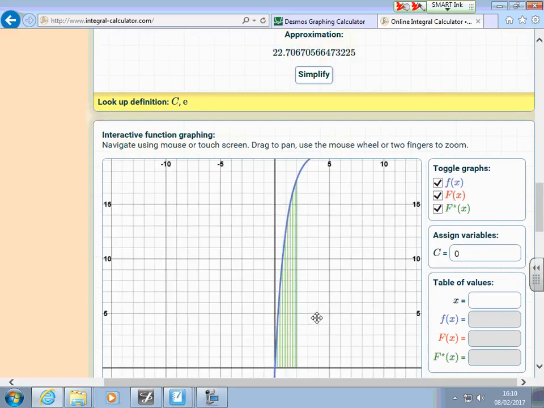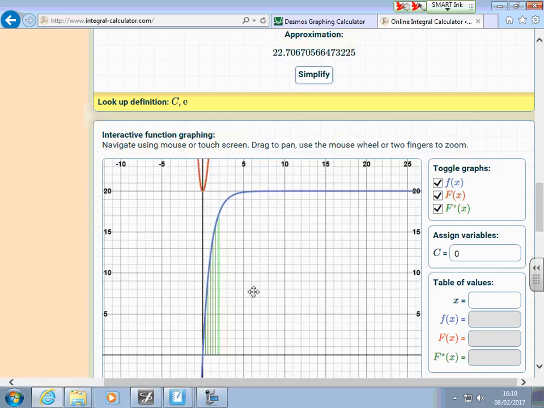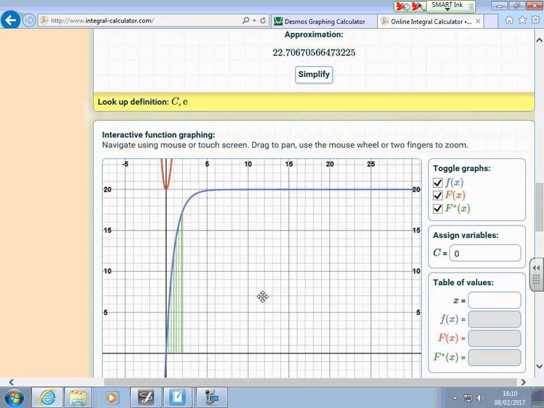If we look at that graph, that's showing you the blue line is a graph of that function. And if you remember from science last year, what did that shape of graph look like? Think about the assignment, one part of the assignment.